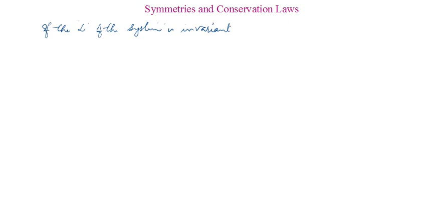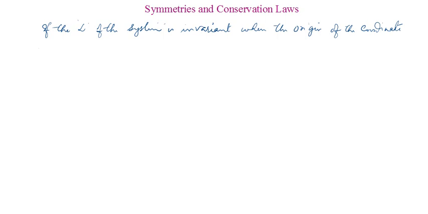Invariant when the origin of the coordinate system is changed. You know that the Lagrangian is a function of coordinates, of the origin of the coordinate system. We may be using any suitable coordinates, Cartesian or polar, whatever it is.